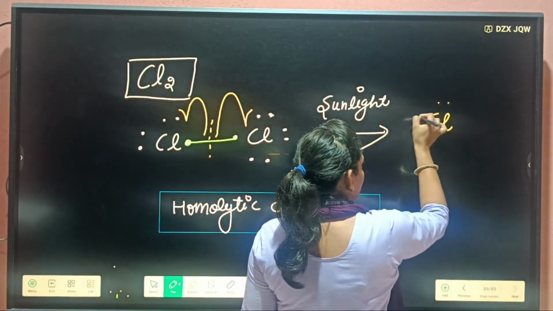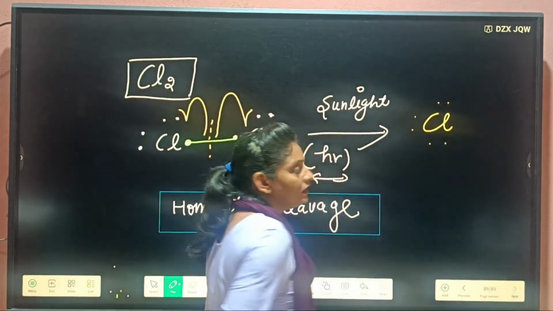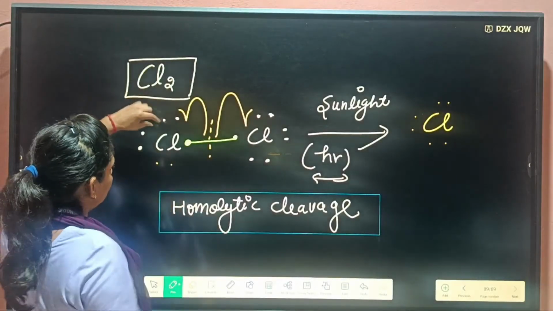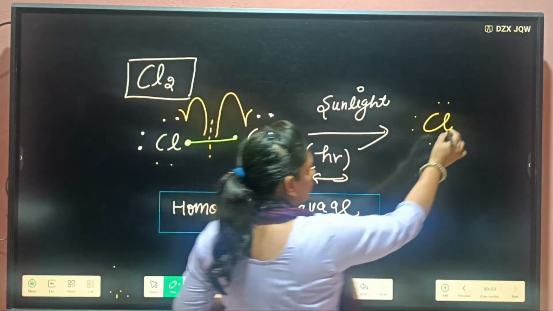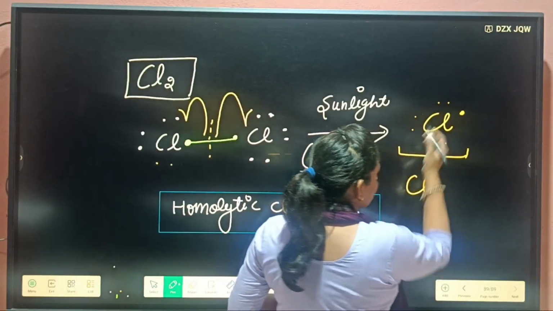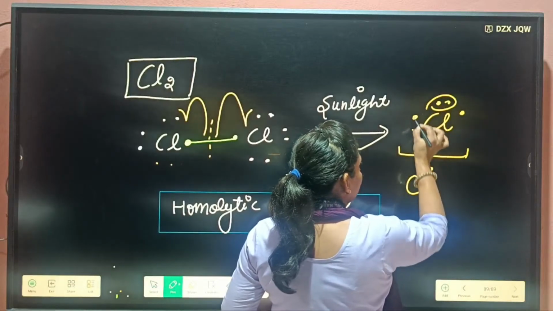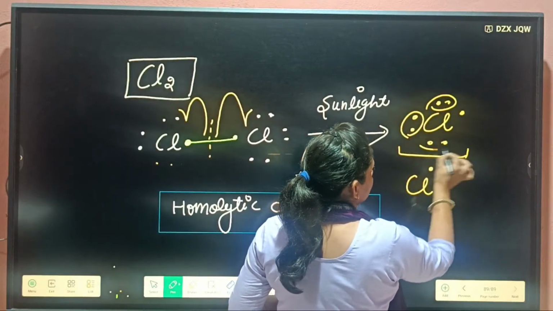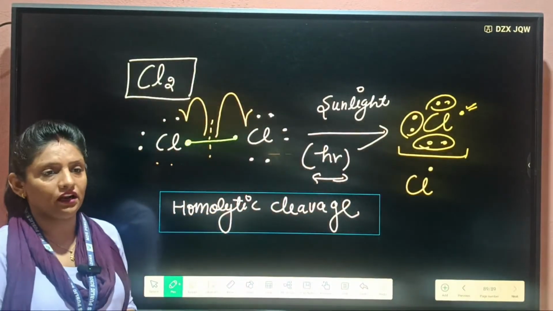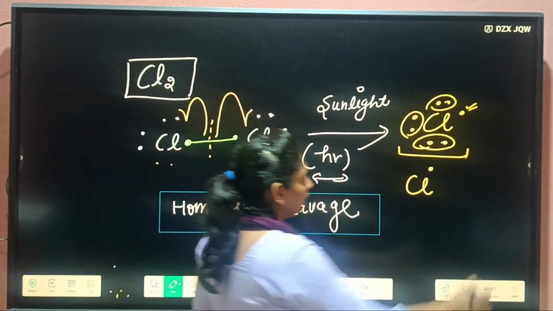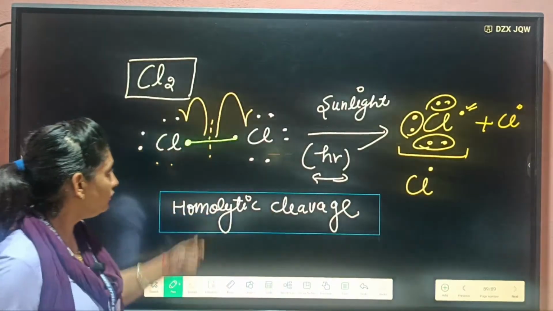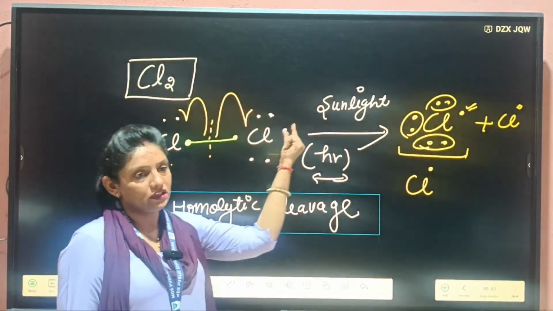This Cl, having already 6, has taken this one electron further. Simply I can write in this way, because these are in pair. This one is an unpaired electron. So here two species of chlorine free radical can form, one from this side and one from this side.